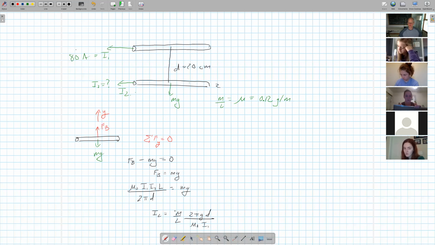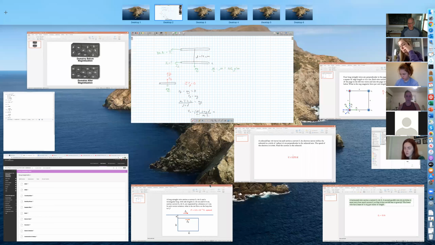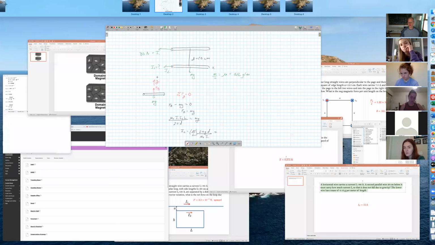Where again, m over L we know is given here. We know 2 pi g, we know d, we know mu naught, we know I1. So from here we can plug in all our numbers, and what we find in this case is that I2 works out to be about 15 amps.